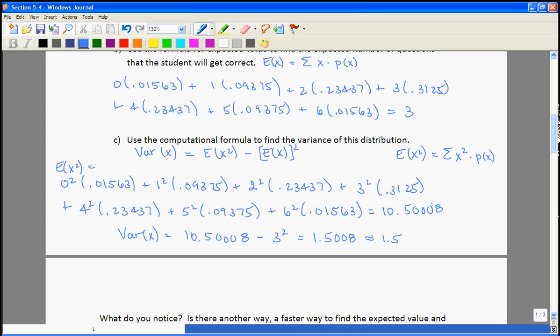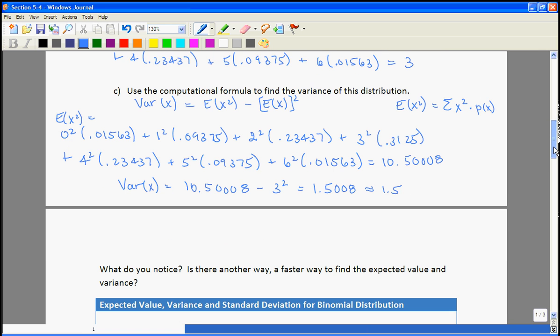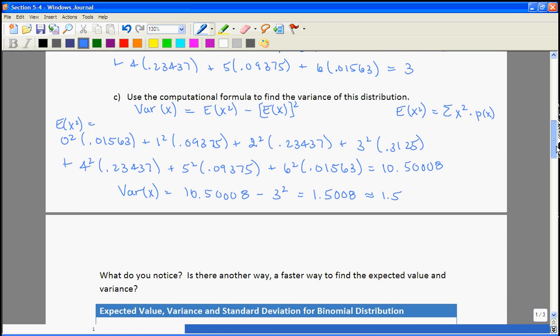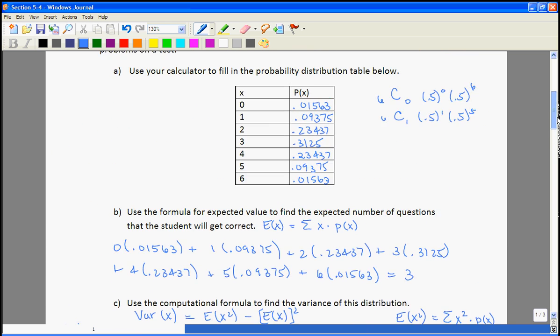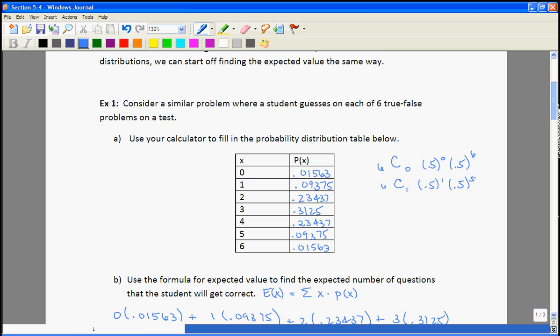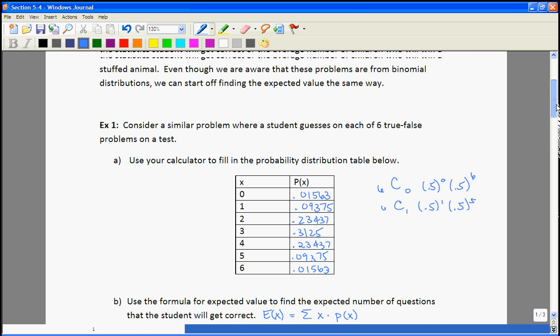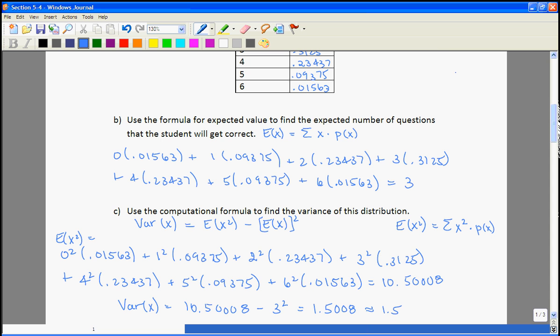Okay, that was a lot of calculations there. But do you notice anything? Is there another way, a faster way, to find the expected value and the variance? Well, let's look at our original numbers compared to what we found. We had that the number of trials, n, was 6.